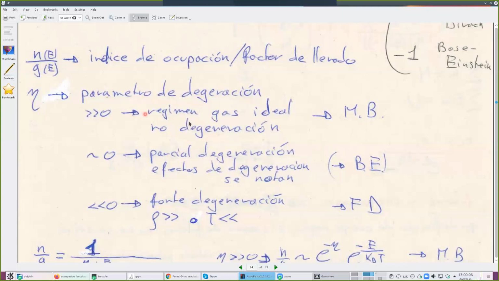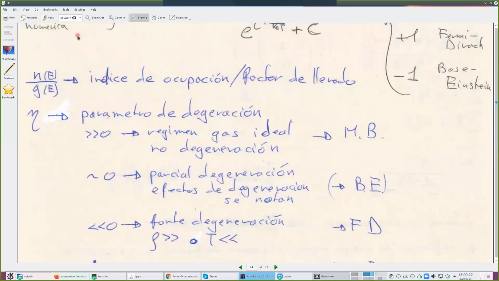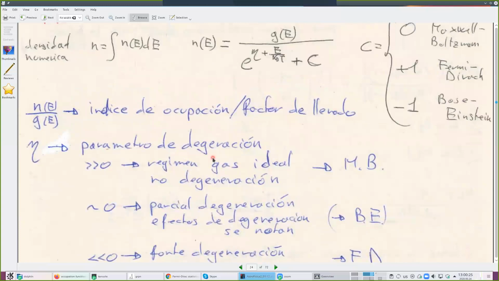That is usually the ideal gas, but the limit is not actually infinite; it depends on the energy and varies with the conditions. In this approximation of continuity, essentially the g goes more or less with the square root of the energy, and you can approximate it in this way.